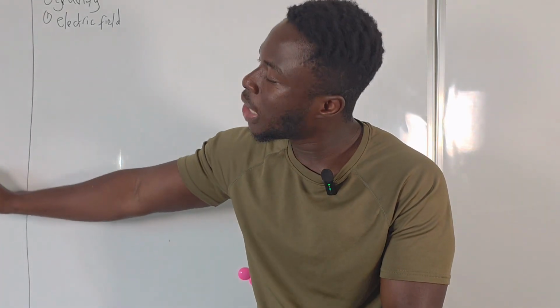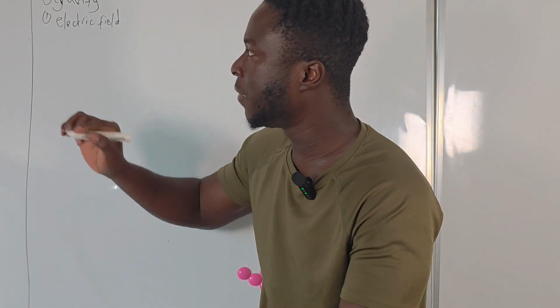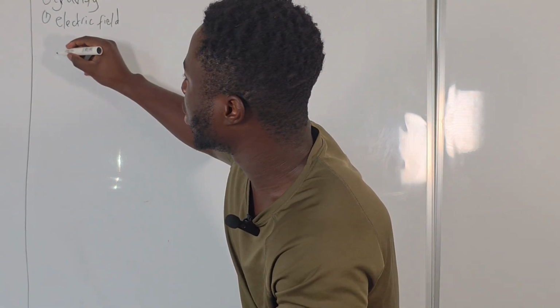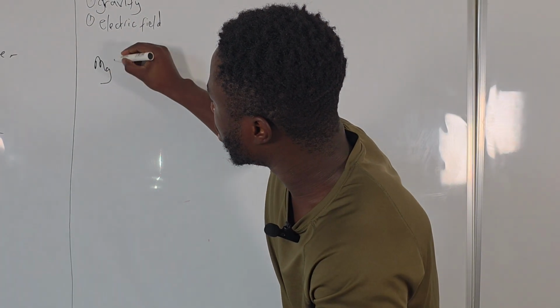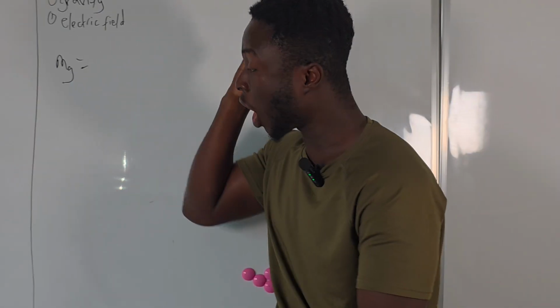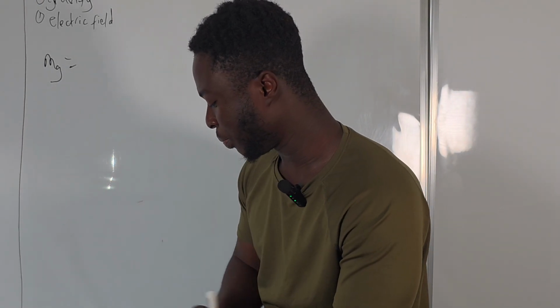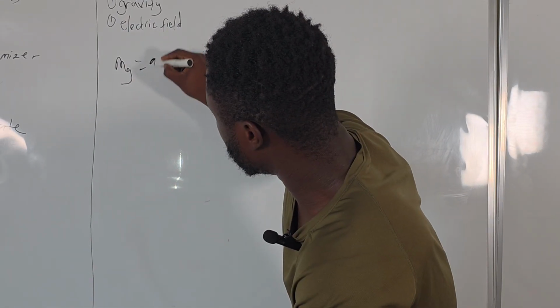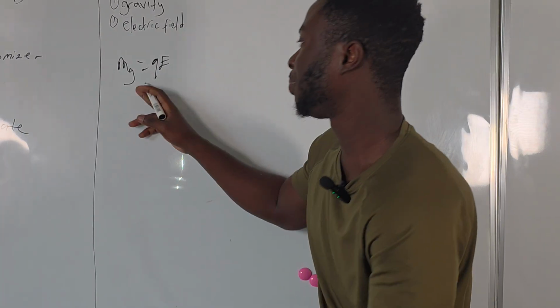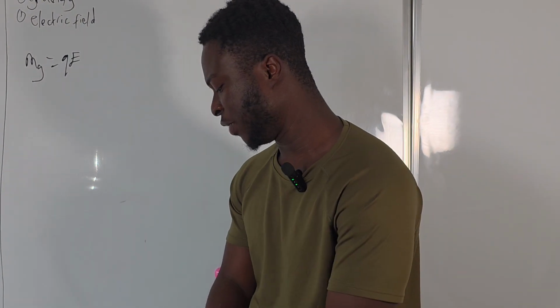And at the point where the particles were suspended in air, he figured that the force of gravity, mg, is equal to the charge times the electric field. This is the equation that he developed.